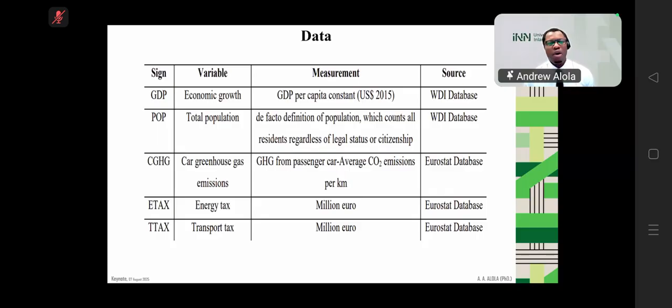Of course, that is expected because of the population. So population is very key, and this is why we can't do this type of investigation without considering our population. So what we did is to focus on the two main variables, energy tax and transport tax, but we also control for other variables.